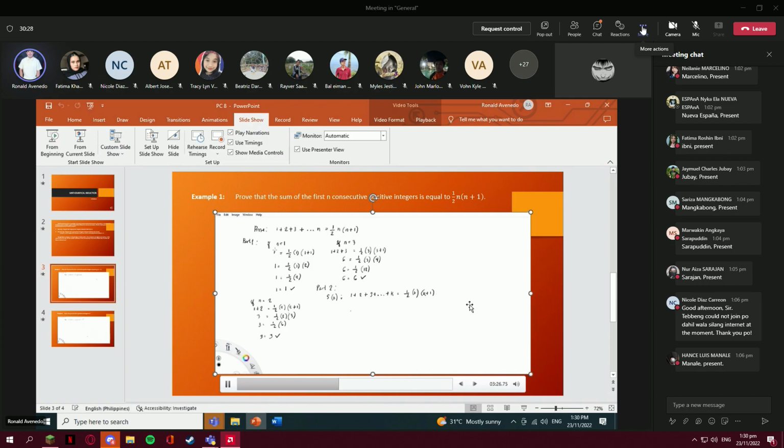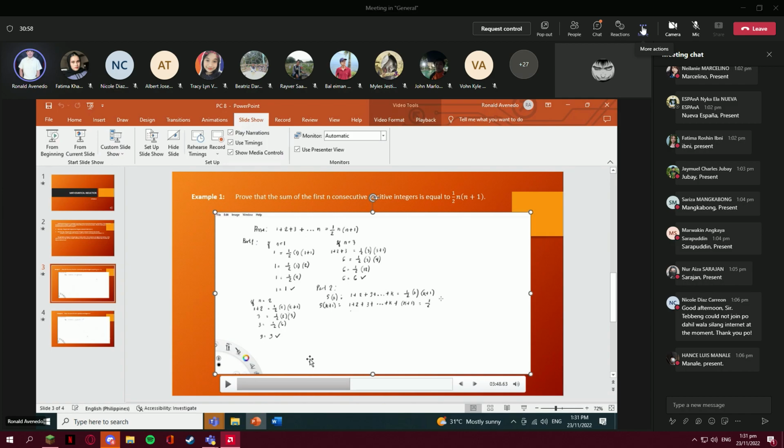So if we will add more numbers to this given, after k, so that is k plus 1, S of k plus 1, which is 1 plus 2 plus 3 plus the given last number, which is k, plus going beyond k, which is k plus 1. Kanina k ang last number, nagdagdag pa tayo ng isa, kaya nagiging k plus 1.